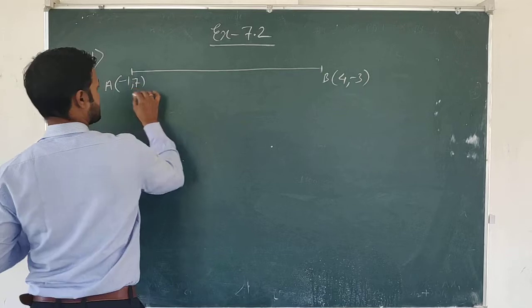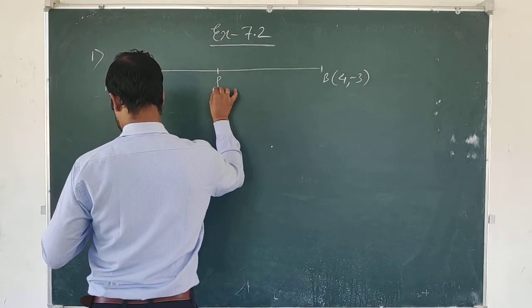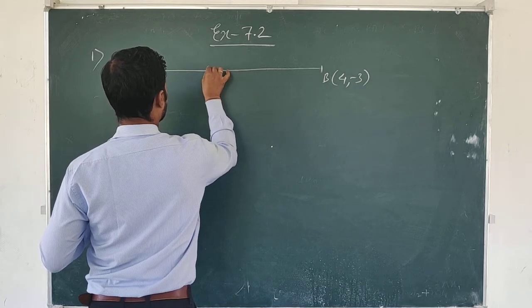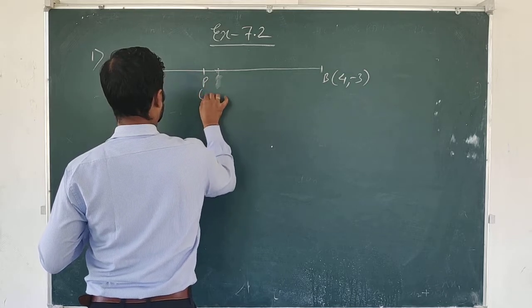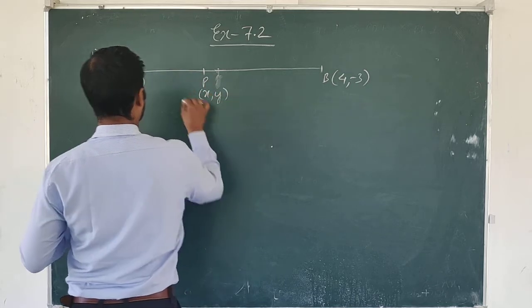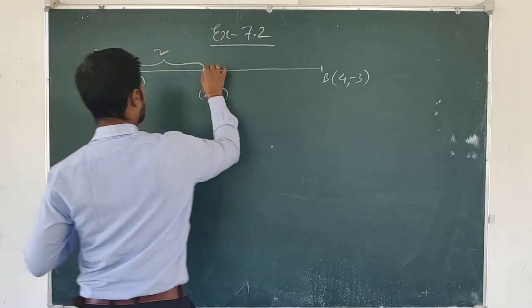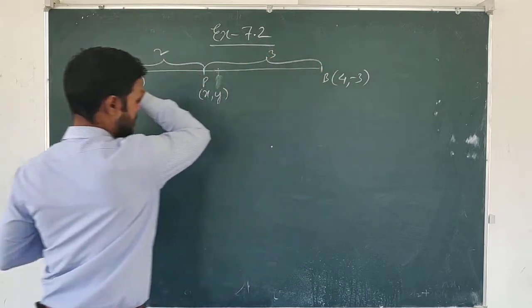Yes, so this is A, B, and this is P. This is 2 and this is 3. Understood?